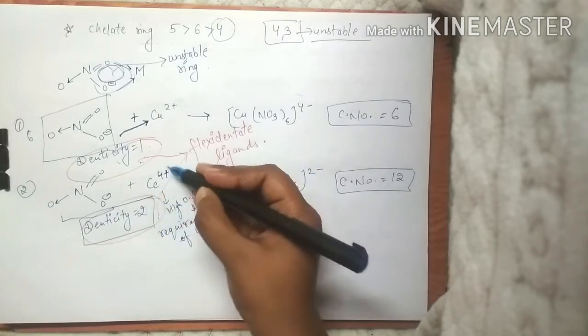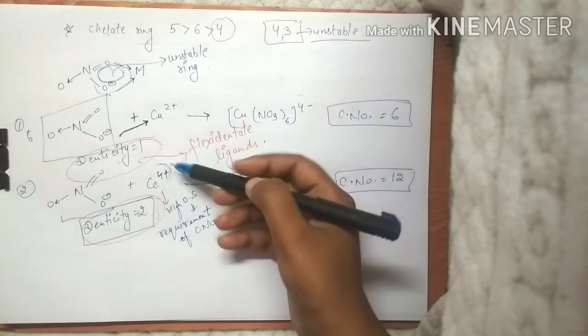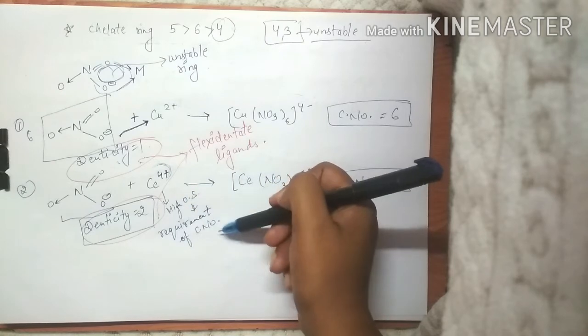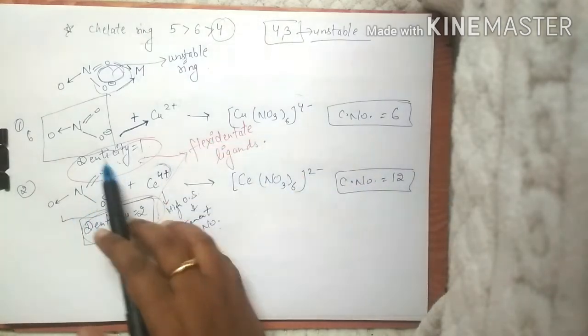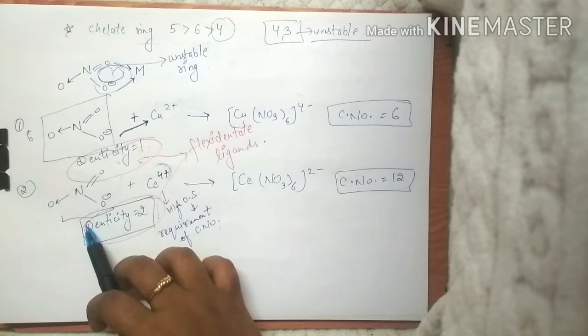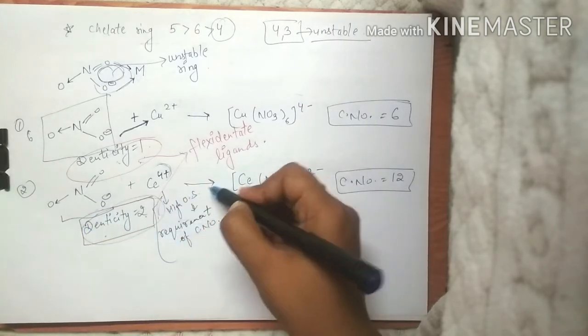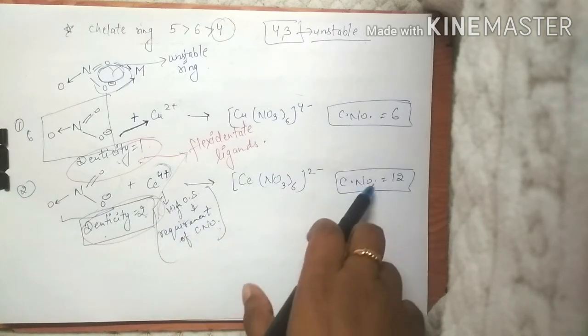Why? Because the oxidation state is high. This we know, right? How oxidation state is responsible for increasing the coordination number. Because the oxidation state is very high, there is more requirement of coordination number. So that is why here this NO3 negative ligand shows a denticity value of 2, because there was the requirement, due to which it forms a complex having coordination number 12.